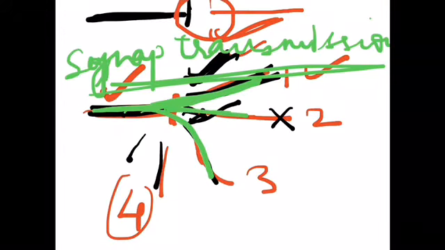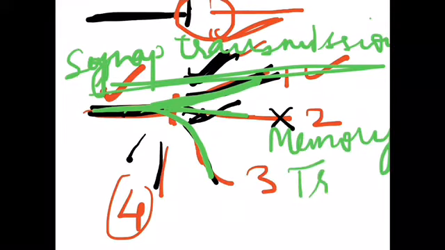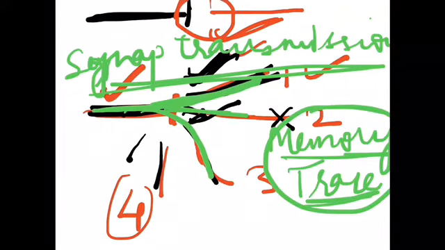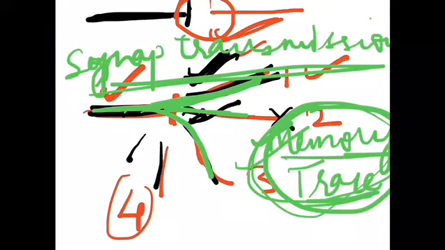These are known as memory traces. So the formation of new synapses, or strengthening or weakening of already present synaptic transmission, is called the memory trace. The new or facilitated pathways are known as memory traces, and these memory traces are nothing but the information you have acquired and stored in your brain. So that is called memory.